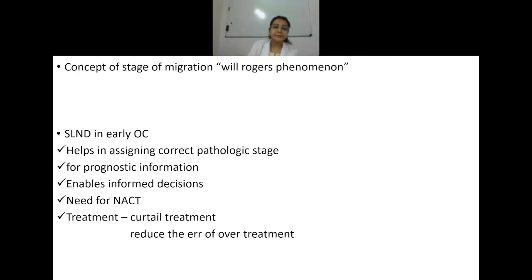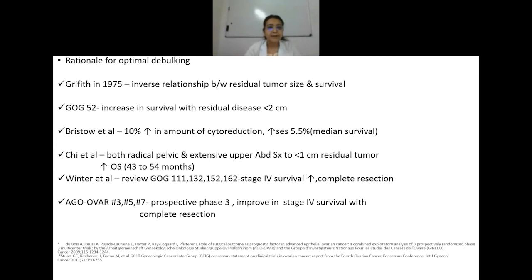So systematic lymph node dissection in early ovarian cancer helps in assigning the correct pathological stage for prognostic information, and enables an informed decision on whether the need for adjuvant chemotherapy is there or not, and to curtail the treatment, that is, if observation itself is sufficient, or to reduce the error of overtreatment. As per the ACTION and ICON trials, we should not go ahead and give chemotherapy to every stage 1 patient. Came the rationale for optimal debulking.